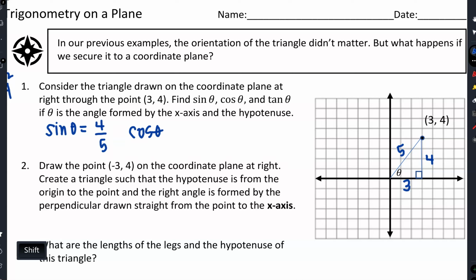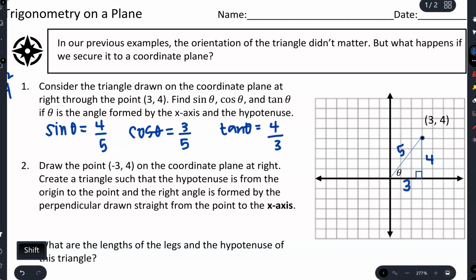Cosine of theta is going to be the adjacent side, the x, so it's going to be 3 over 5. And then tangent is going to be your opposite over your adjacent, so it's going to be 4 over 3. So what does that mean? Think about this in terms of x and y.